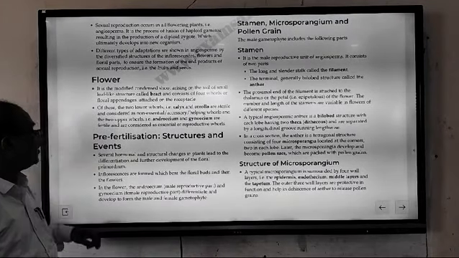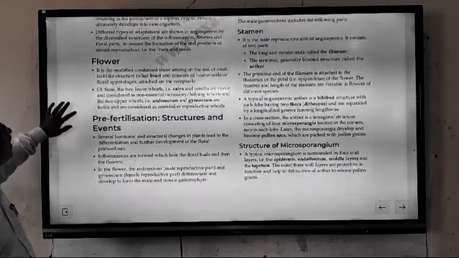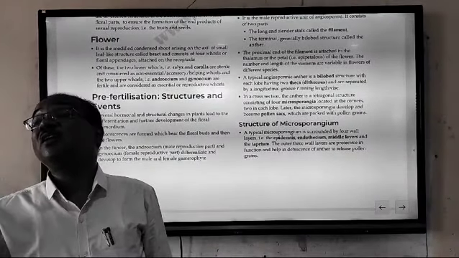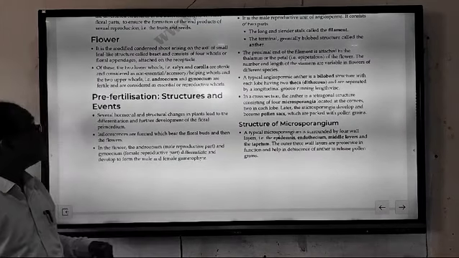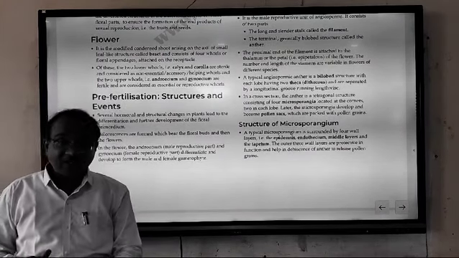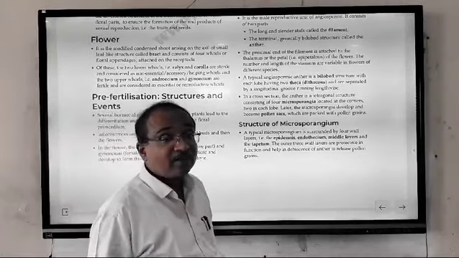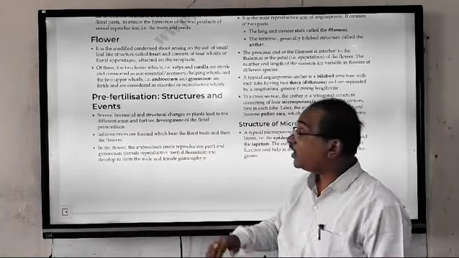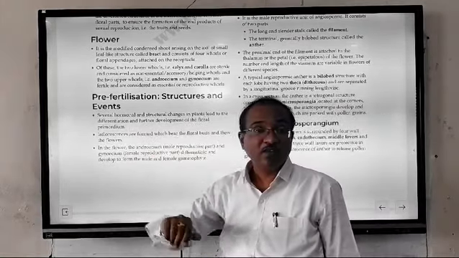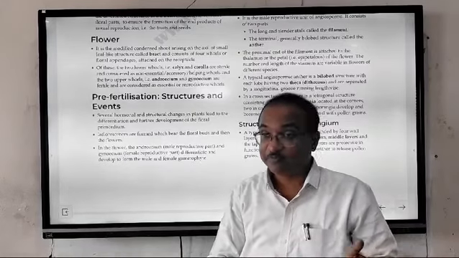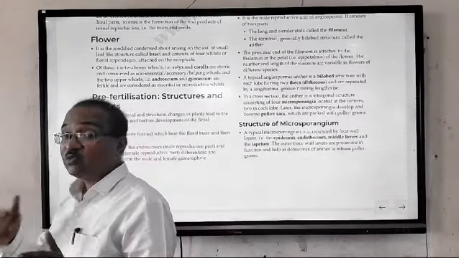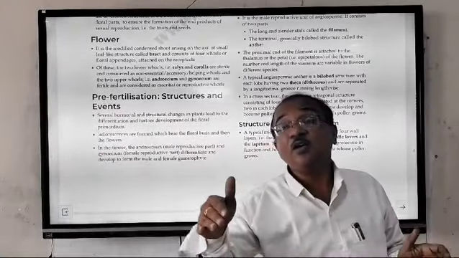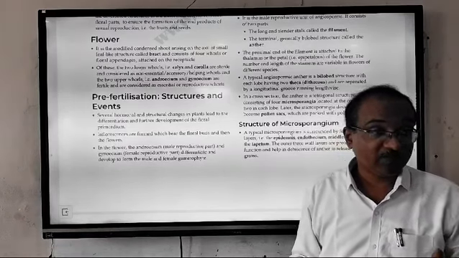Okay, when we study reproduction, it is studied at three levels. What are these three levels? Pre-fertilization, fertilization and post-fertilization. Three types of changes are there. Pre-fertilization means the formation of the gametes. All the processes in which the gametes are formed are included in the pre-fertilization stage.